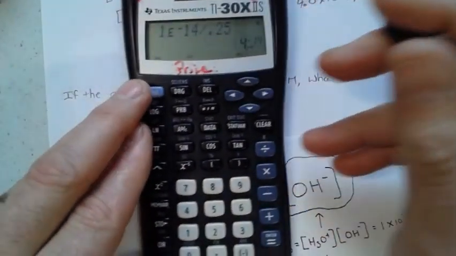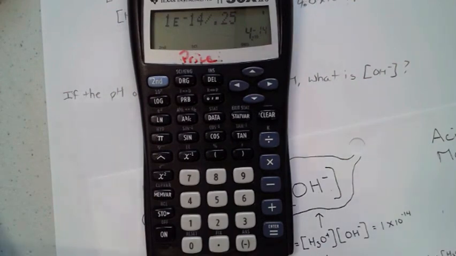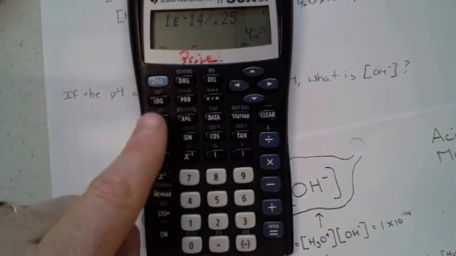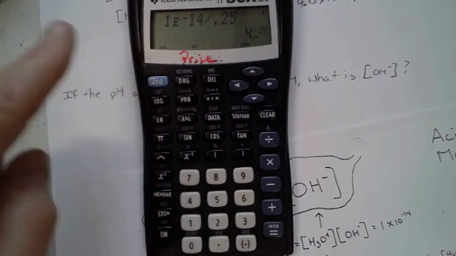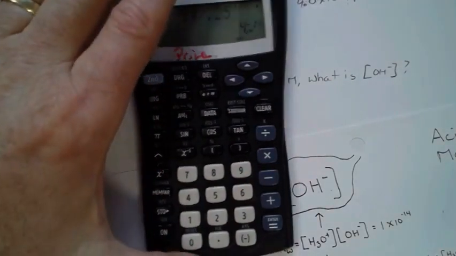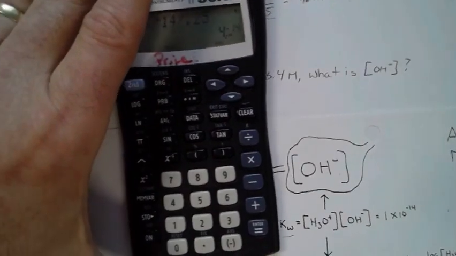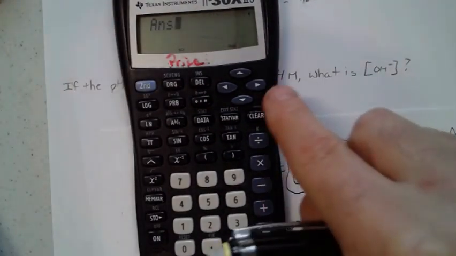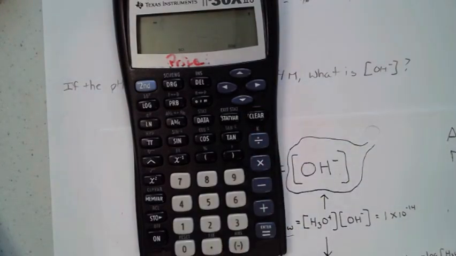So the way I do it is this. If you see right here on the log button, it has a 10 to the x as the inverse. So I go negative, remember it's negative, so I go the negative button down here. So clear that. Negative.